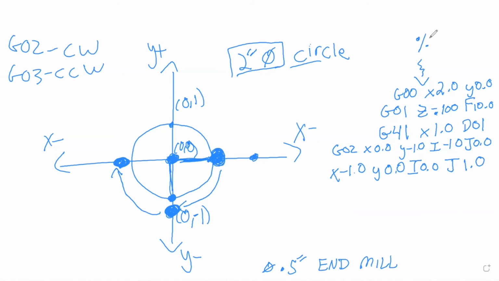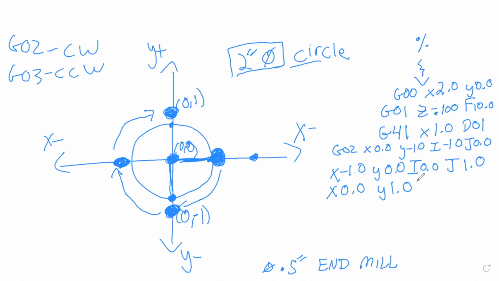All right. So continuing on with machining this boss, we're going to swing up here to our next location. G02 is modal, still on. X to our end location is 0.0. Y is positive 1.